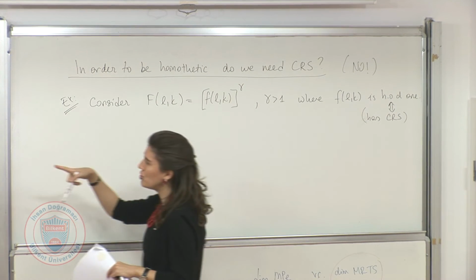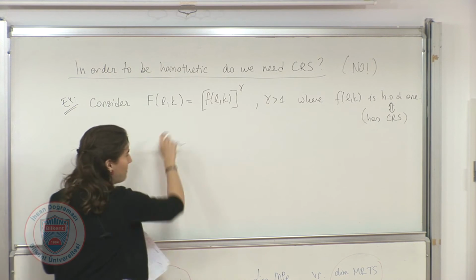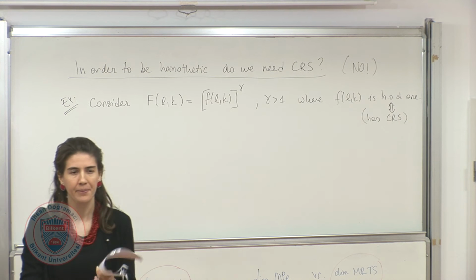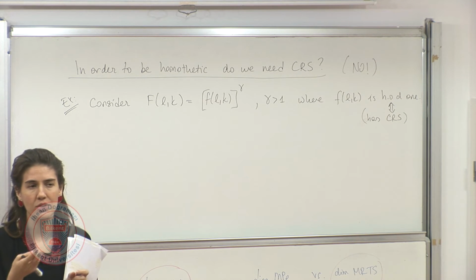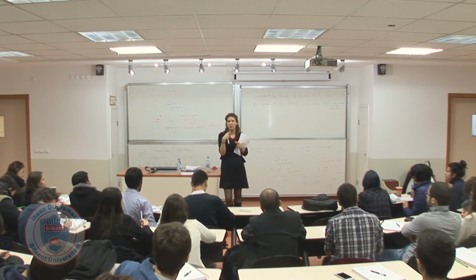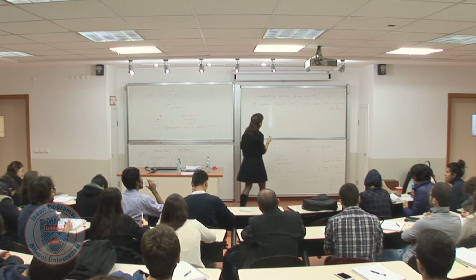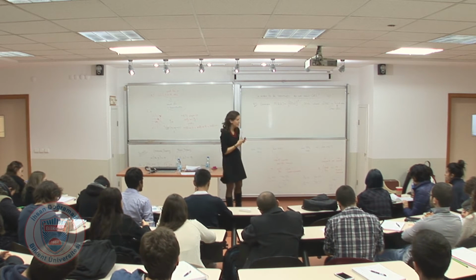Now, remember, how did we define homotheticity? One of the definitions that I have written, I told you that it's actually a positive monotone transformation of a homogeneous function, which is by design like that, okay? So it is actually homothetic.